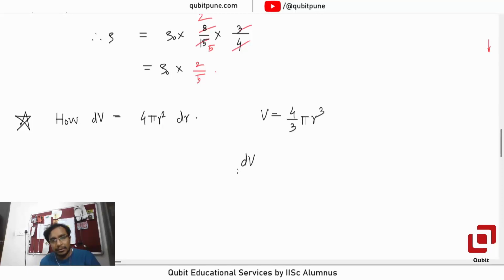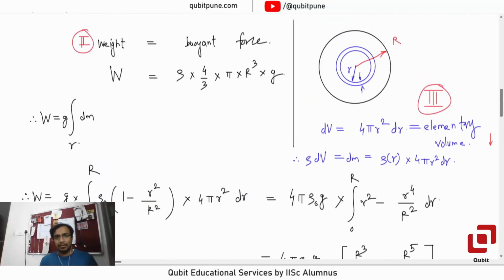So what will be dV by dr? The derivative of r cubed is 3r squared, correct? The 3 goes, and then we can use the approximation that elementary volume delta V is equal to 4 pi r squared dr, and in the limiting case we can say dV is equal to 4 pi r squared dr. Got it? Yes, sir. Okay.